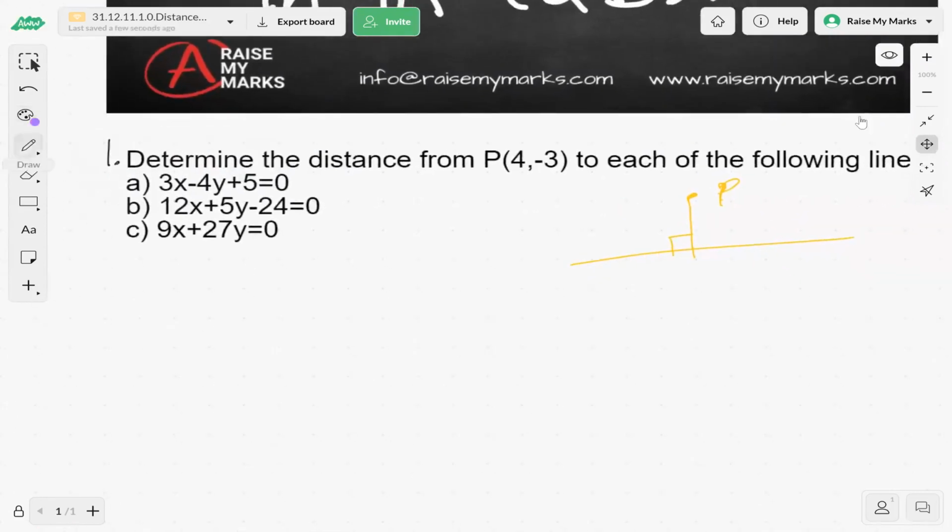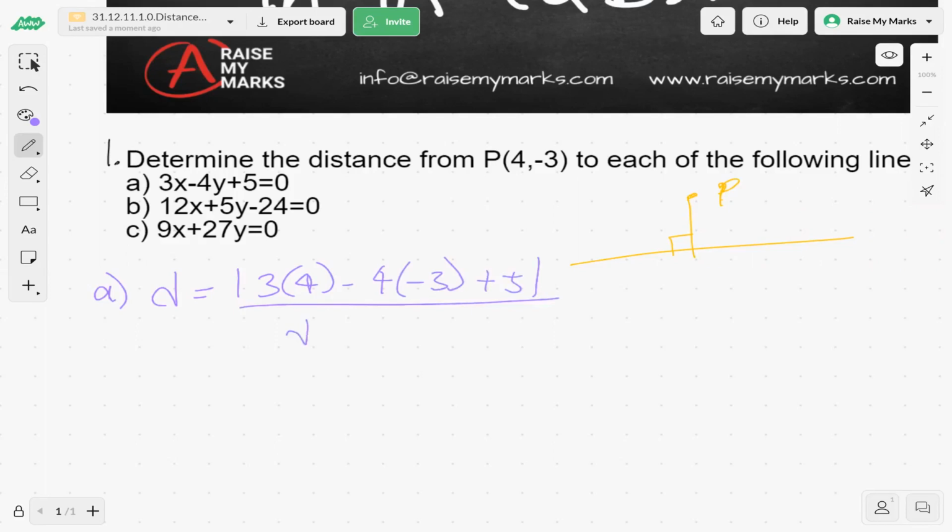Part A. Our distance is the absolute value of our line evaluated at our point, over the square root of the magnitude of the normal to our line.